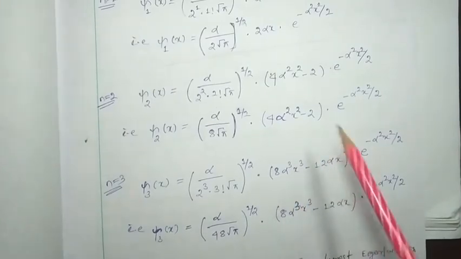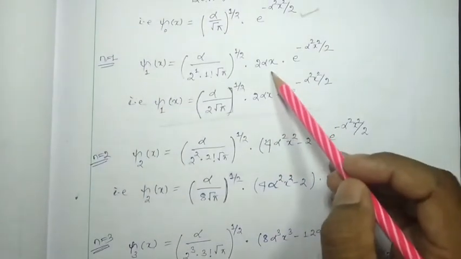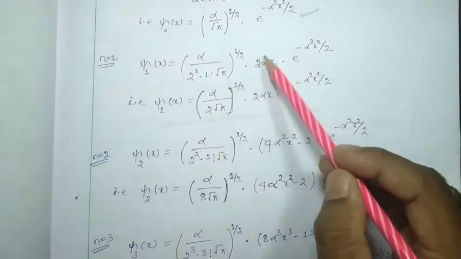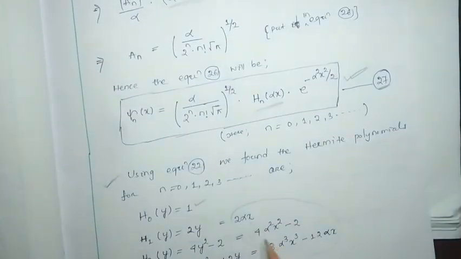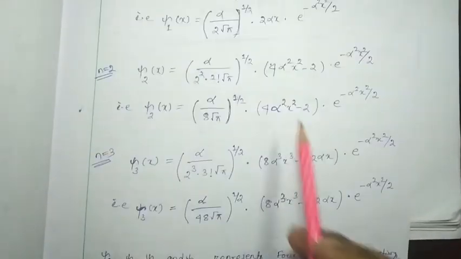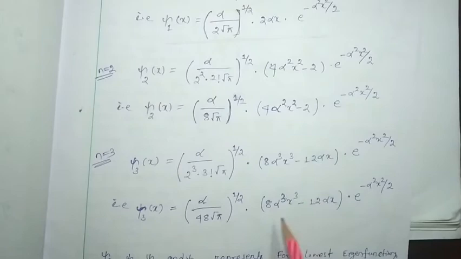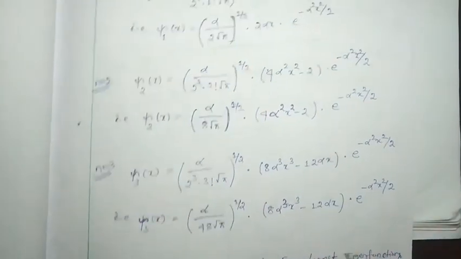Here I just substituted the Hn alpha x values: H1 alpha x is equal to 2 alpha x, H2 alpha x is 4 alpha square x square minus 2, and H3 alpha x is 8 alpha cube x cube minus 12 alpha x. Only substituted, and we found the eigen functions of only 4 energy states.